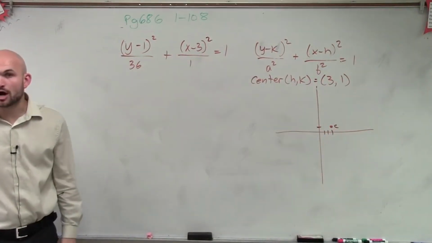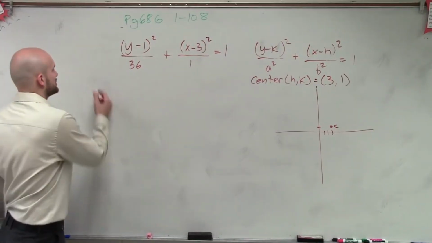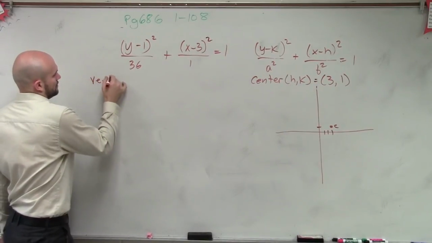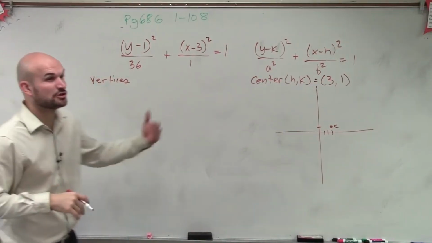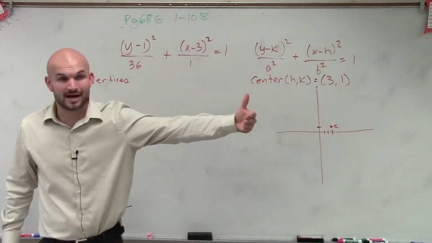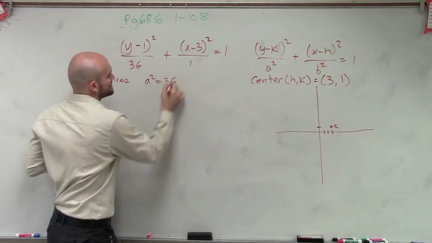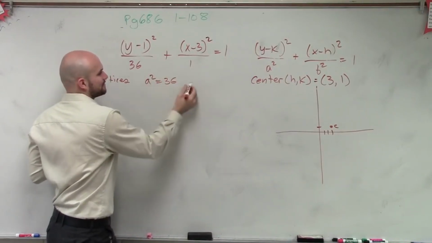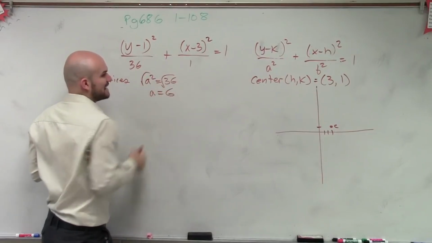Now we need to determine our vertices. Let's find the main vertices. The vertices are a distance of A from the center. If we know A squared equals 36, then A equals 6.